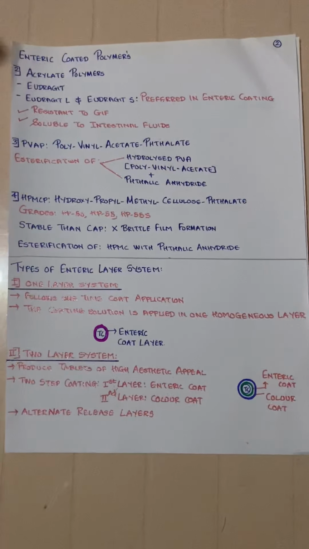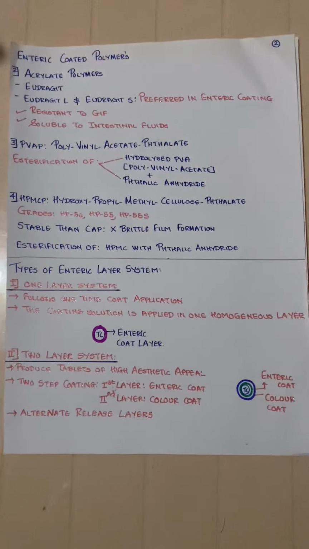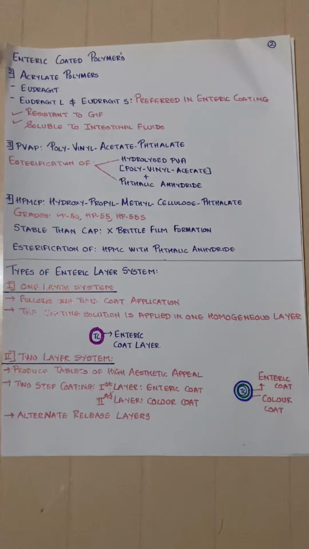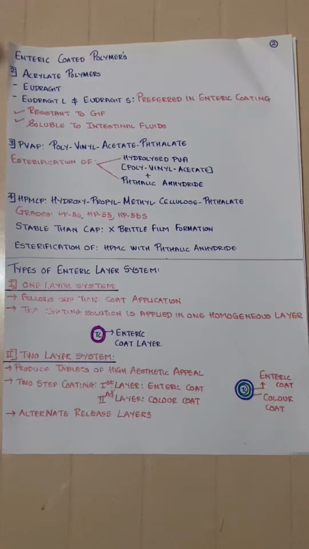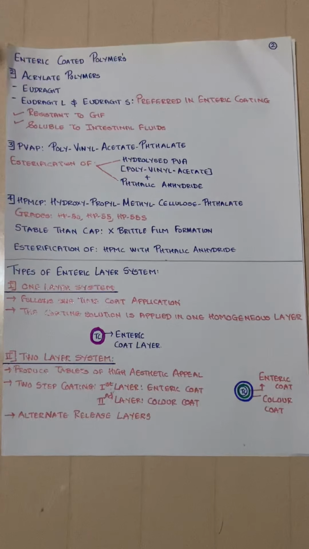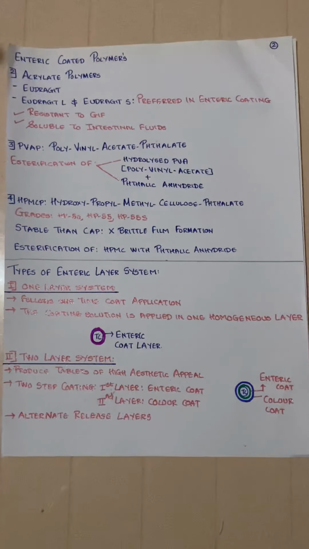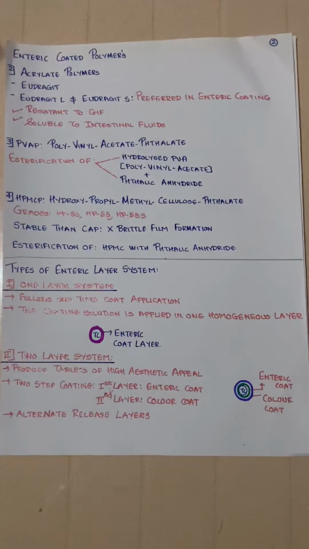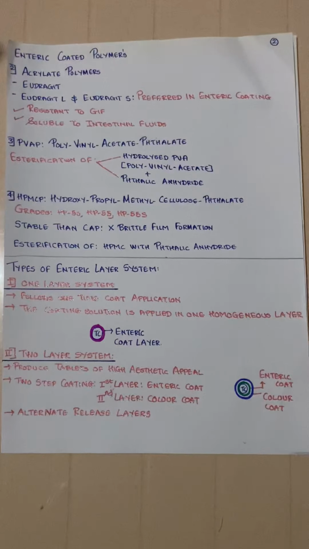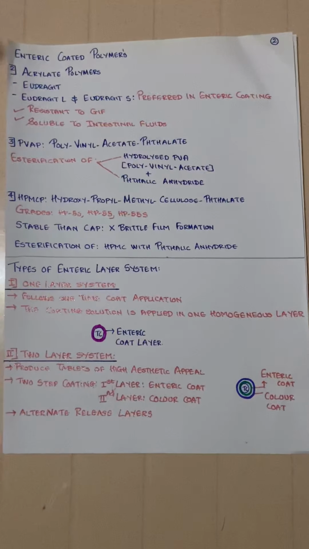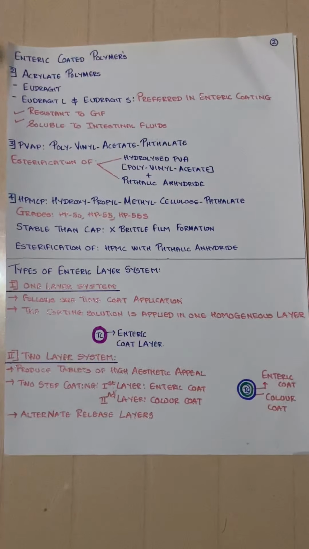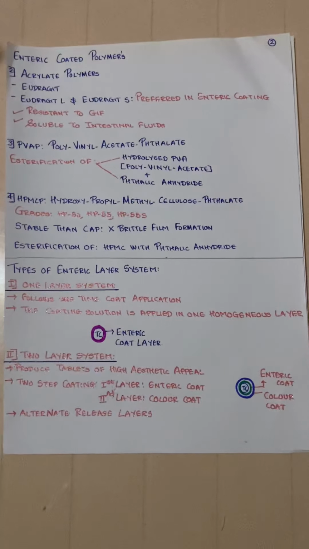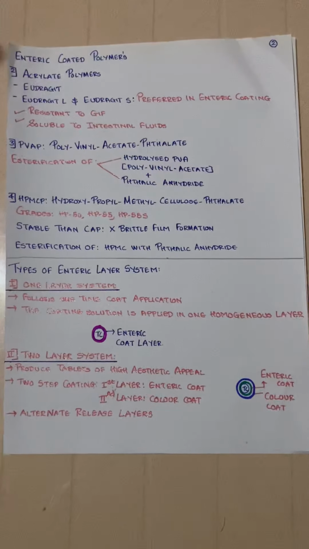It is more stable than cellulose acetate phthalate because it is not hygroscopic in nature, so there is no moisture entry into the tablet, no brittle film formation over the tablet surface, and it is only permeable to the intestinal fluids. It is also produced by an esterification reaction, that is, esterification of hydroxypropyl methyl cellulose with phthalic anhydride.